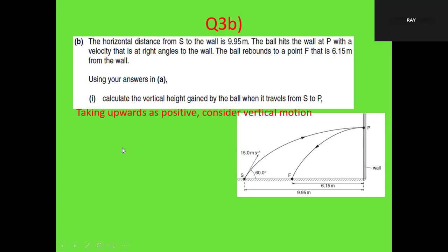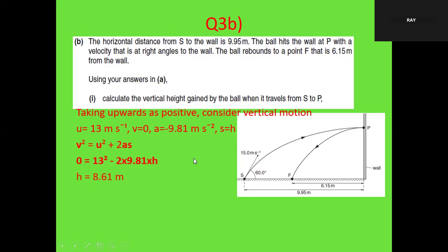Taking upwards as positive, consider vertical motion. U is 13, V equals 0, A is minus 9.81, S equals H. Substitute in the formula. It's negative 9.81 because it's going upwards and we take upwards as positive, and A is downwards. Okay or not?